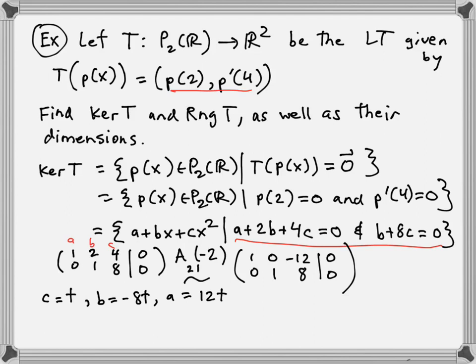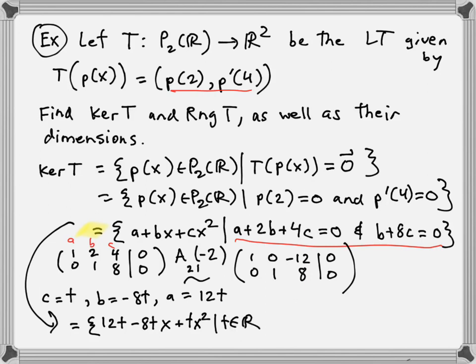So if we come back to what we were doing, let me highlight this equal sign right here. We now know what a, b, and c are, so let's write that in. It's all polynomials that look like this: 12t minus 8tx plus tx squared, such that t is a real number.